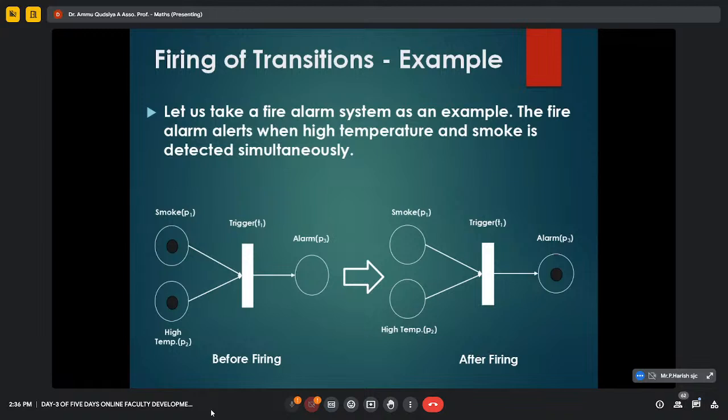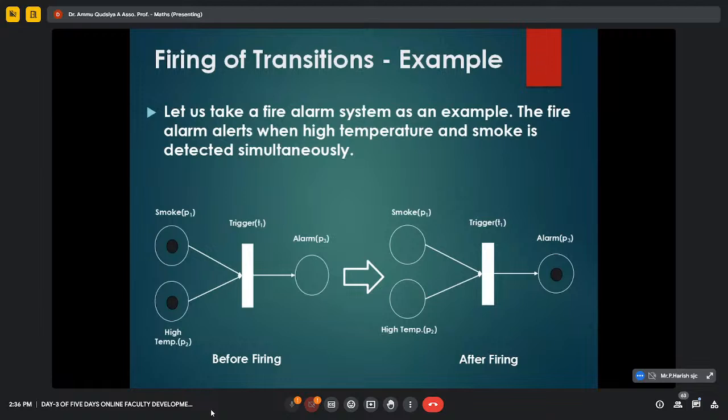Once these two conditions are met, automatically the alarm is triggered. Now, after firing, the alarm is on. So this is a small example of a fire alarm system which we modeled using Petri nets. When you see this before firing, when you see the arcs, nothing is written on the arc, so it shows that the weight is only one.